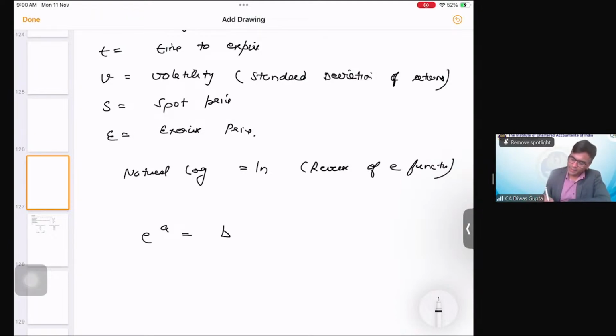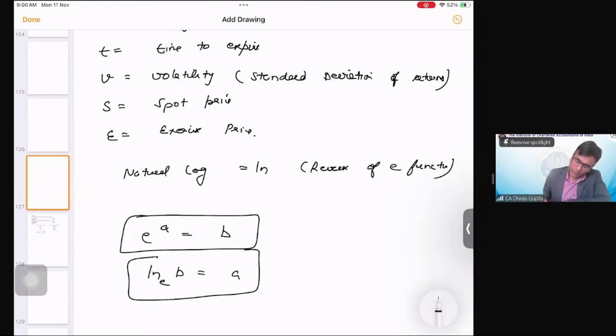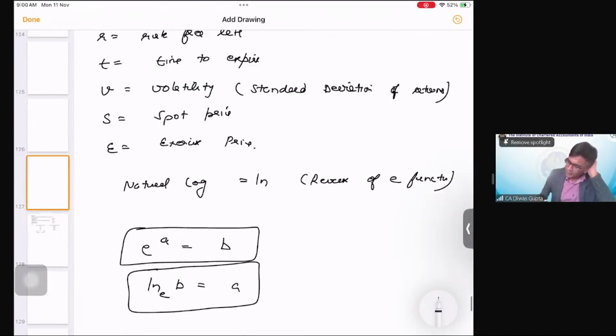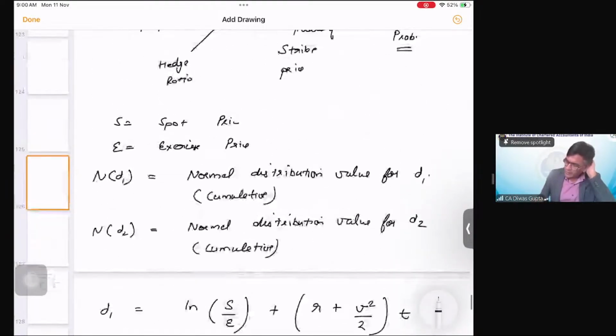If this is the case, then natural log, which has a base of E, of B will become A. This denotes the inverse. Basically natural log and E are inverse to each other.